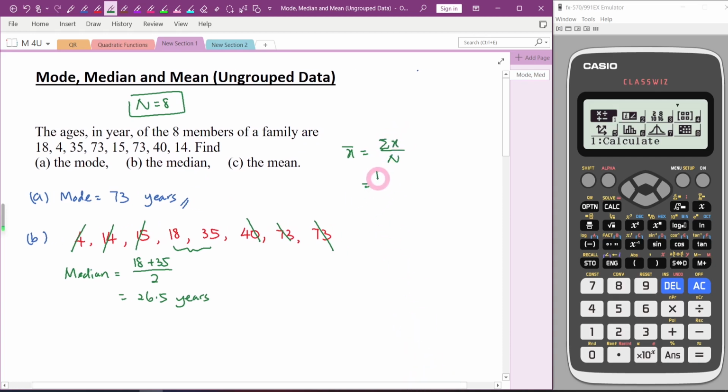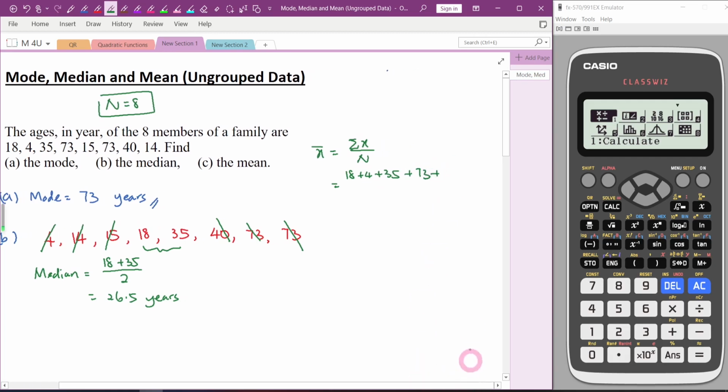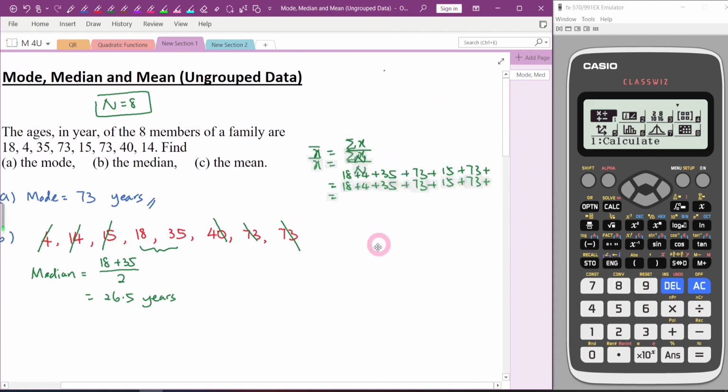Okay, so 18 plus 4 plus 35 plus 73 plus, okay, let me write down all of this. 15 plus 73 plus 40, or I write it over here. Let me move it down first.